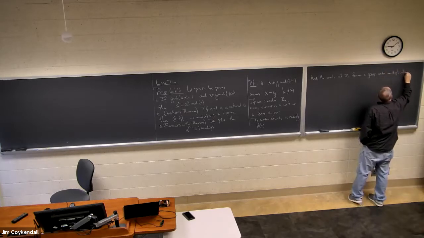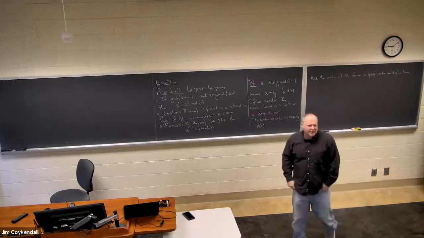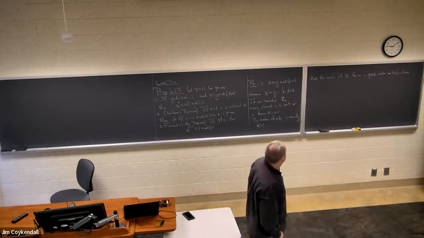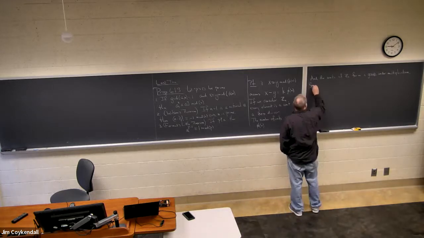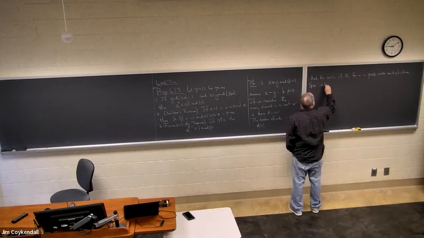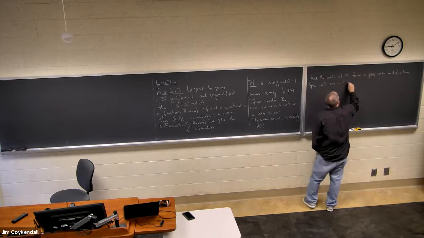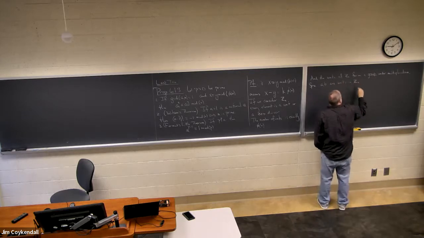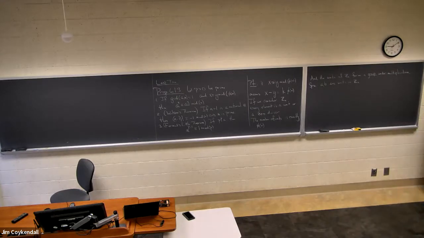So here it is, one of our first practical applications of groups. Let me verify this is true. Suppose A and B are units. What does it mean for A and B to be units?